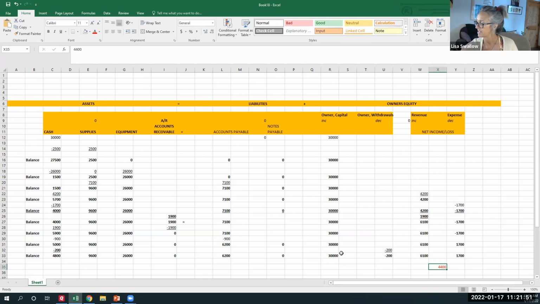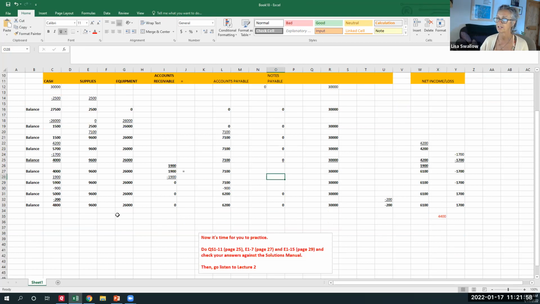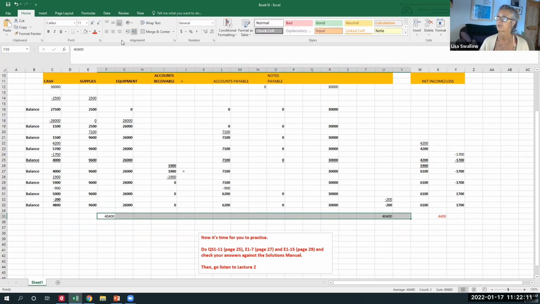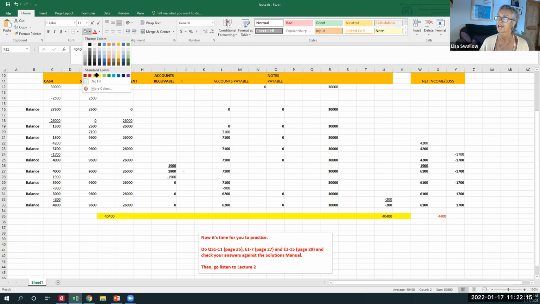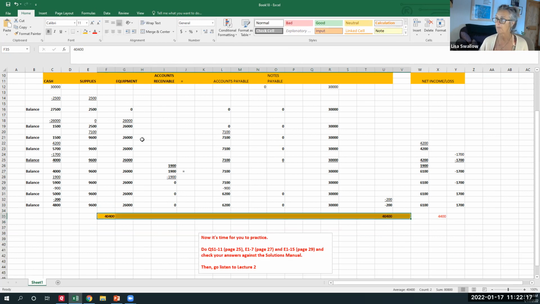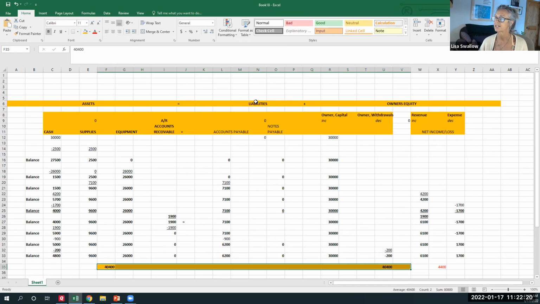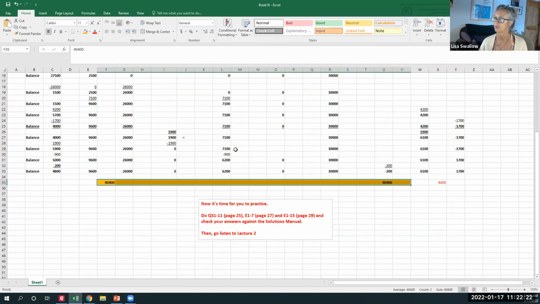My liabilities are 6,200, and both sides of the accounting equation balance at the end of the day. 40,400 in assets and 40,400 in liabilities plus owner's equity. So everything that has happened in my accounting equation balances out. Assets equals liabilities plus owner's equity.